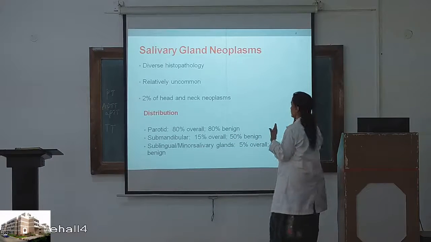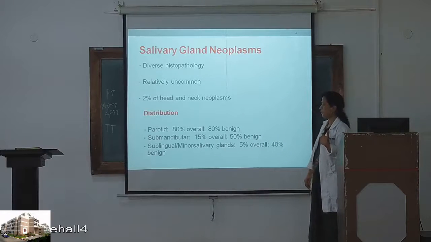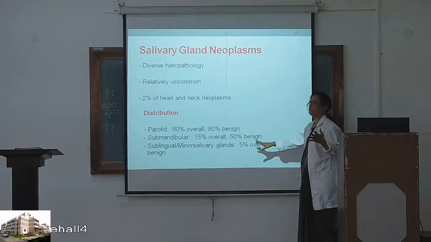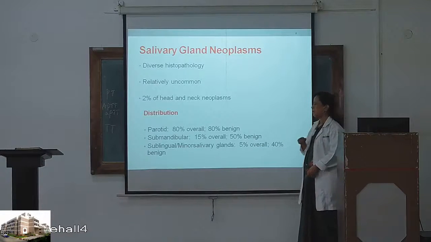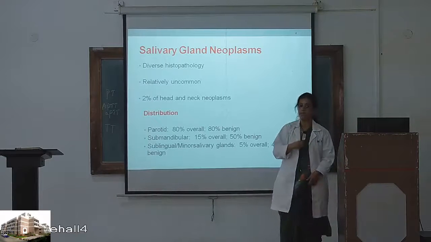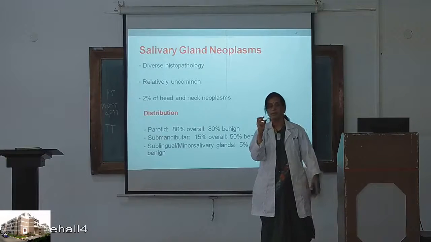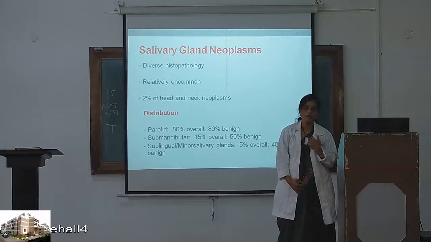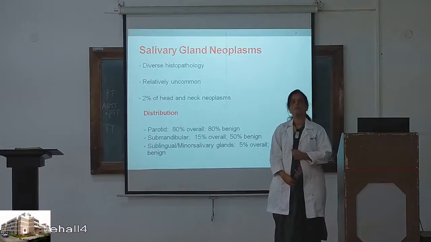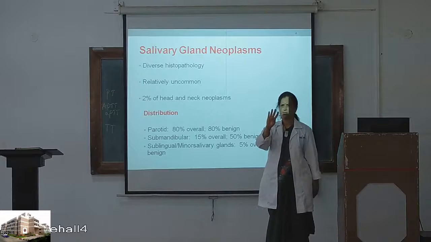Then when we consider the minor salivary glands, only 5% of the tumors of salivary gland occur in minor salivary gland. But when it occurs there, I showed you a lesion on the hard palate, right? We are much more alert, because among the salivary gland tumors which arise from minor salivary gland, only 40% are benign.